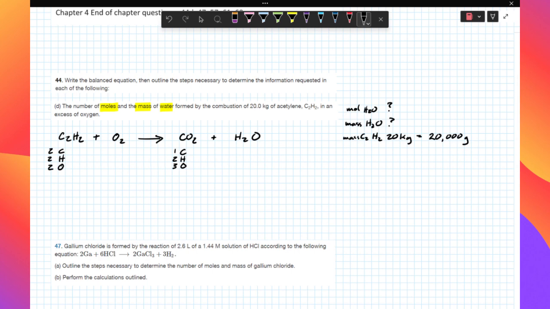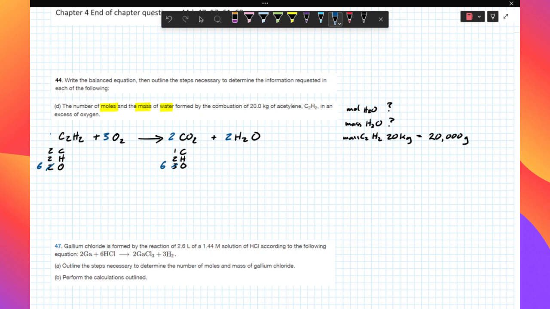The minimum common multiple of 2 and 3 is 6, so let's go ahead and get there. That gives us 1, 2, 3, 4, 5, 6.